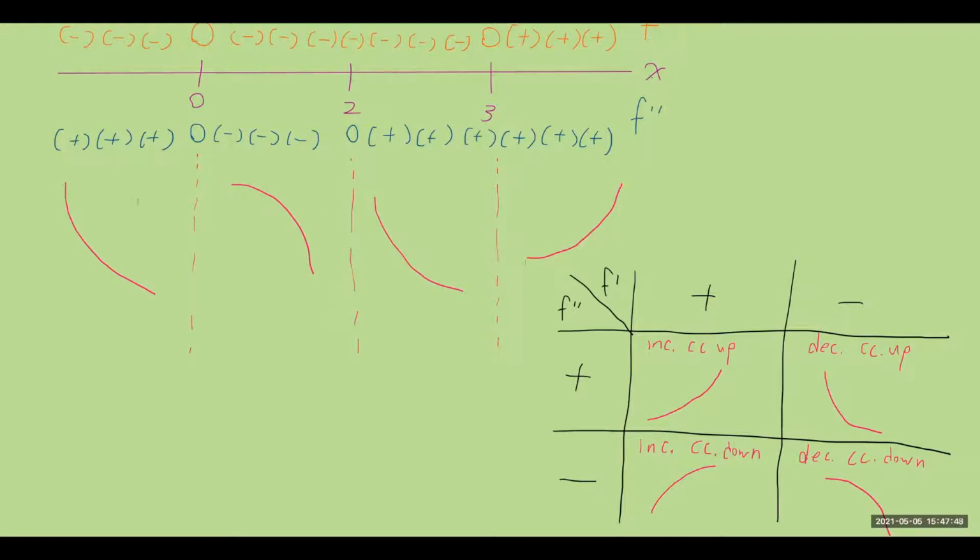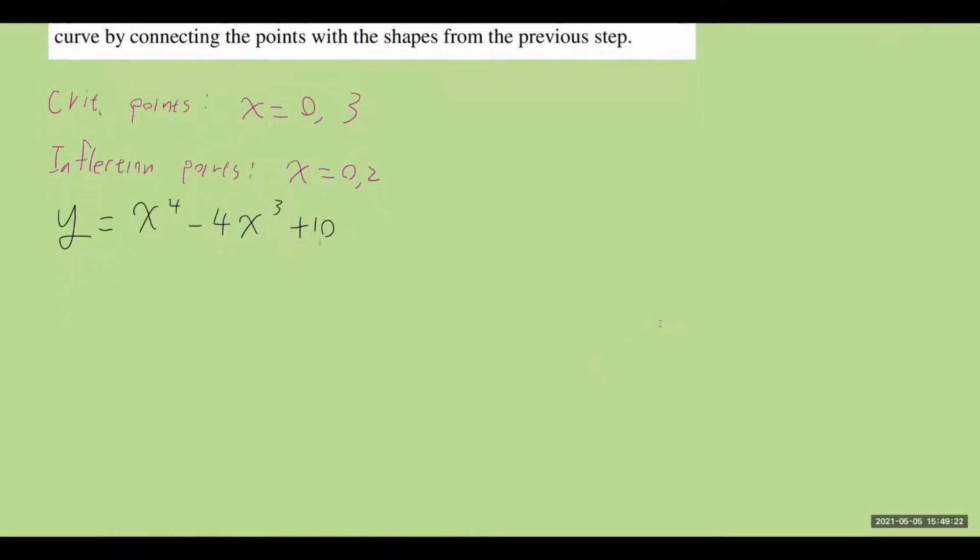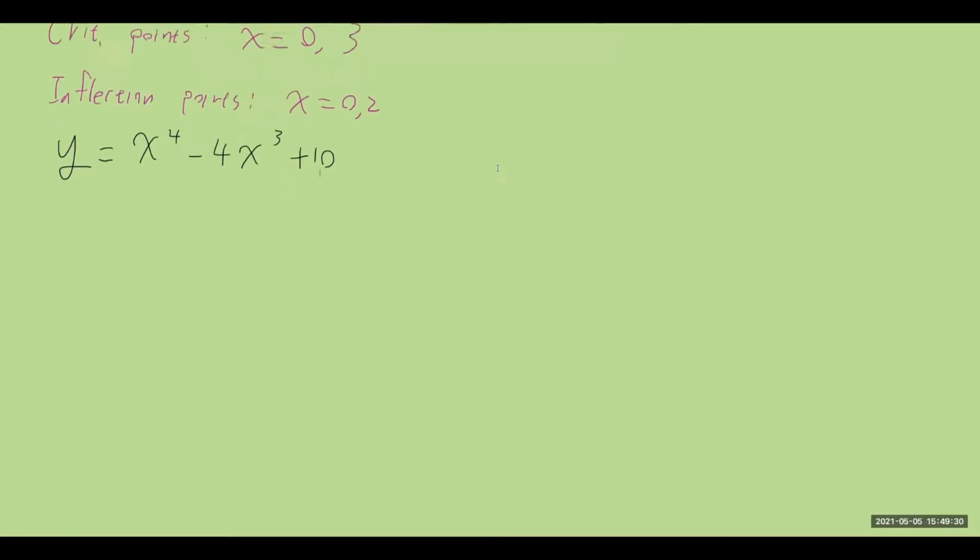And the last step, step 6, we just want to find some points so that we can connect everything together. Step 6, plot key points, intercepts, critical points, inflection points, and sketch the curve by connecting the points with the shapes from the previous step. Okay, so here we are going to find the function value, the y value, for the critical points and inflection points, as well as the x-intercept and y-intercept.